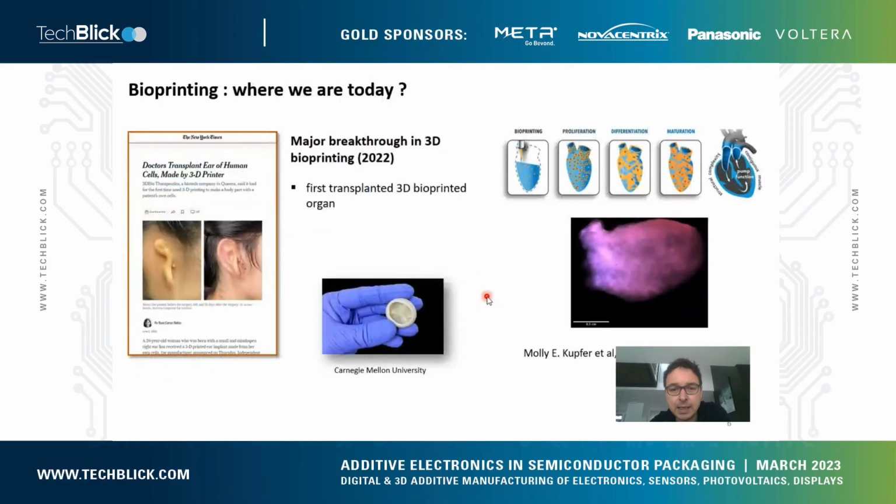So I want to do my introduction on some key works that I believe demonstrate where we are. What you can see here in the middle is a typical acellular construct that people have printed. That's a heart valve. Those in the field are being used mostly as constructs that are expected to be populated by cells after implantation.